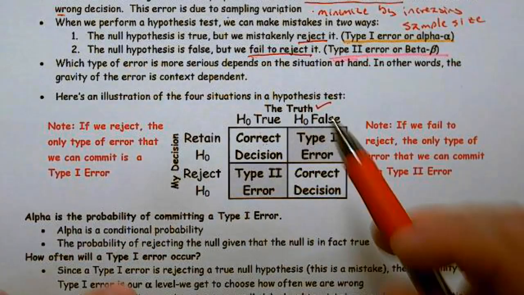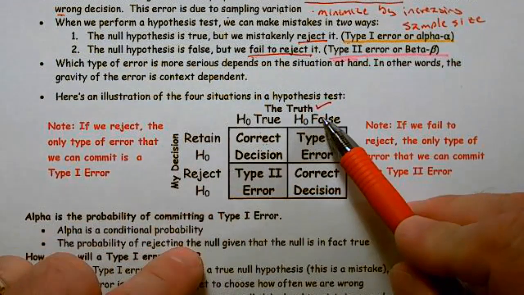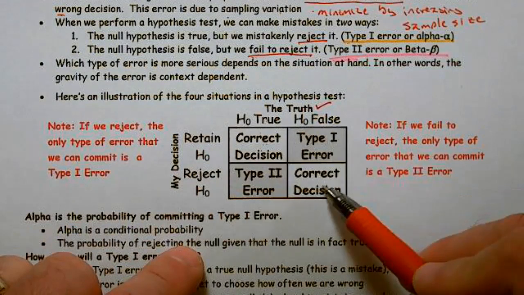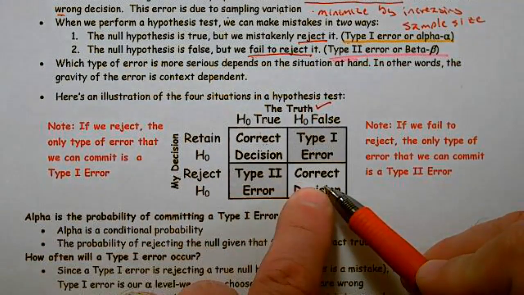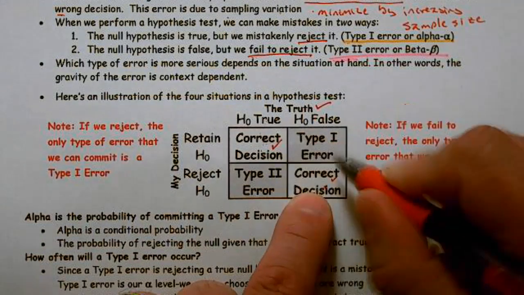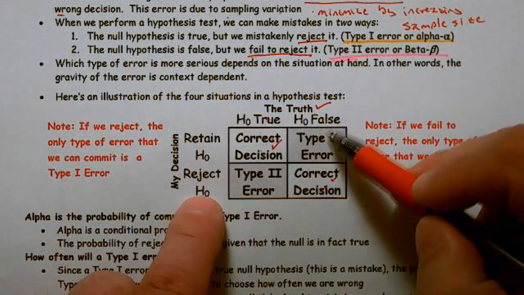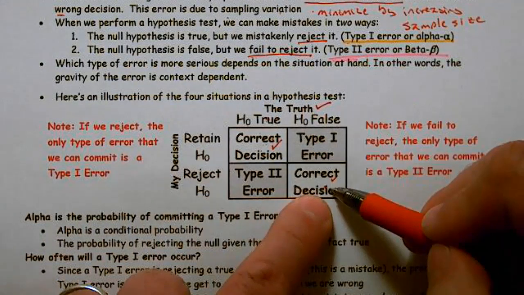I did the right thing. I believe the truth. I retained the truth. On the other hand, if the null is false and I reject it, I rejected a lie. So these two are correct decisions. Retaining the truth, believing the truth is good. Rejecting a lie is good.